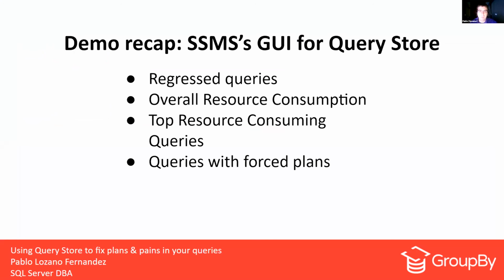So we went with forced plans, and now we have queries with high variation. High variation is not exactly like regressed queries because it doesn't look for queries that have improved or have regressed, that have worse performance. You just look for queries that have a variation even within the same interval. So maybe your average is the same as last week, but your queries right now are having variations.